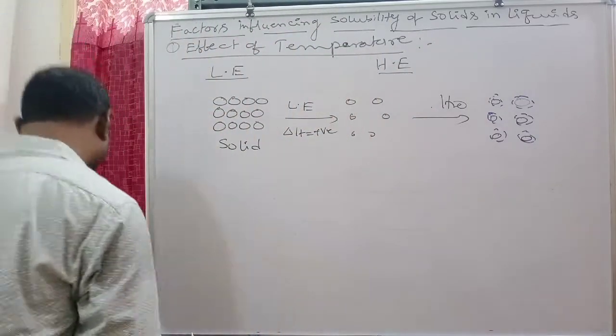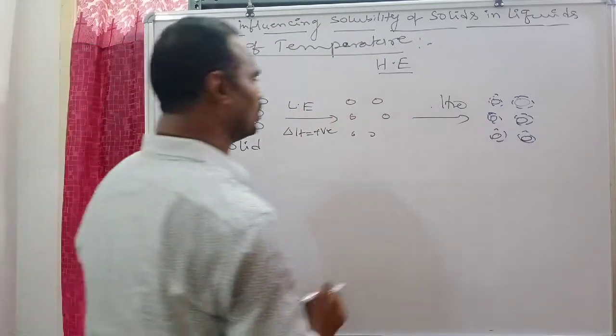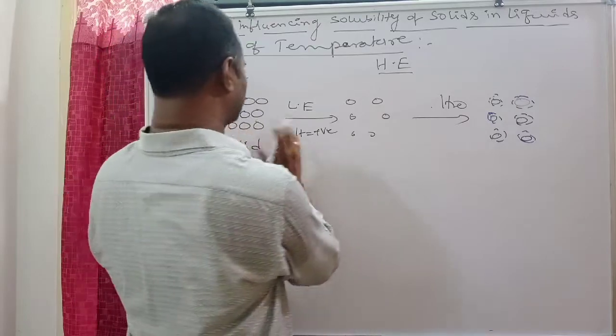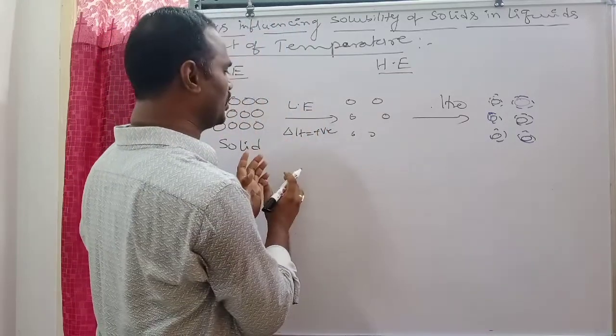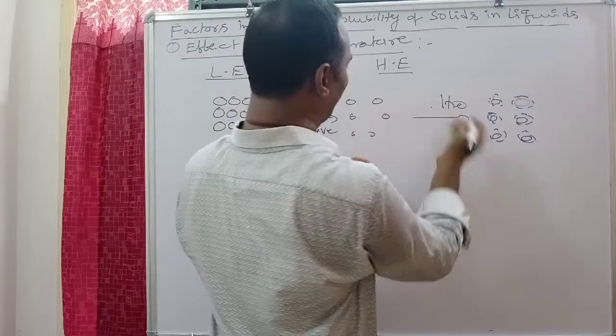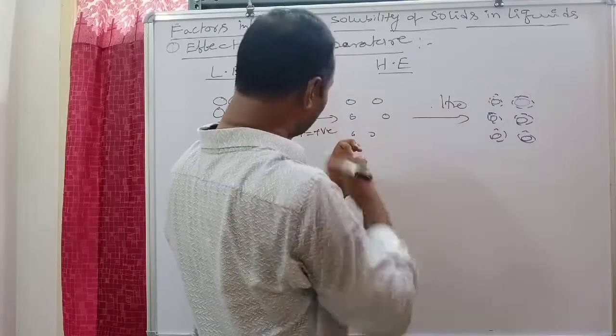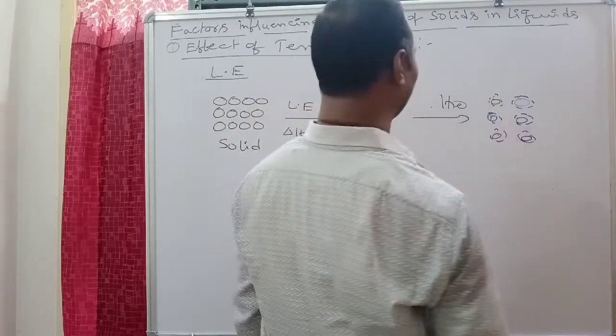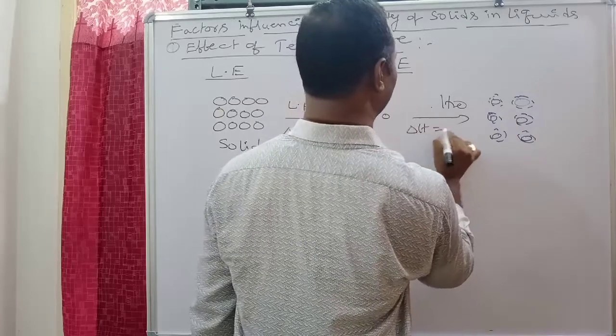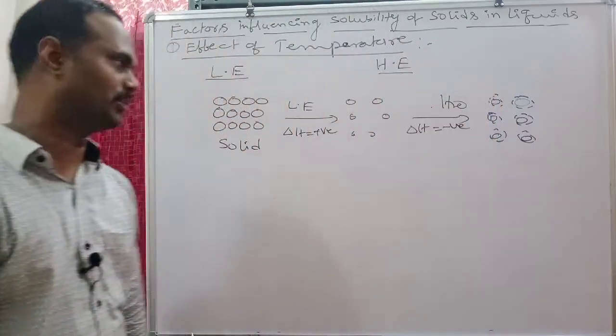Is it clear? Carefully see: the first process is dissociation, where energy is required. In the second process, these ions absorb water, these ions are surrounded by water. In this process, delta H is negative.